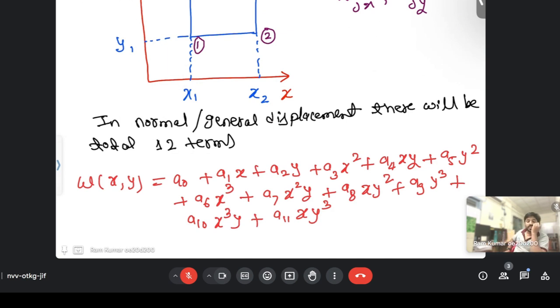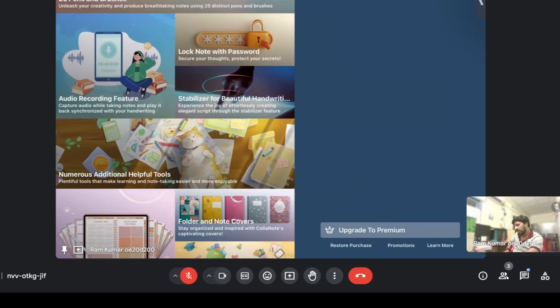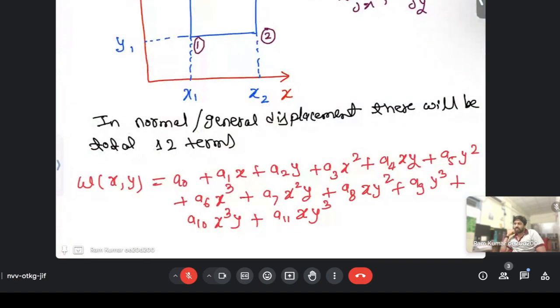So these are the total 12 terms for the general displacement for this 2D plate. We are calling that the Kirchhoff plate.